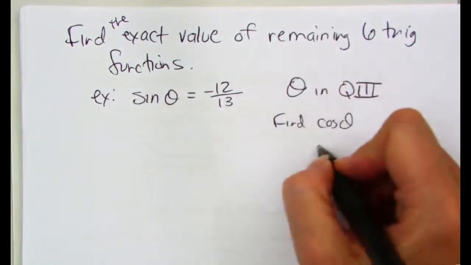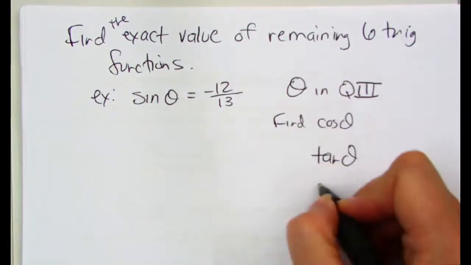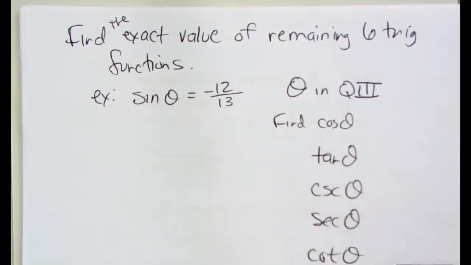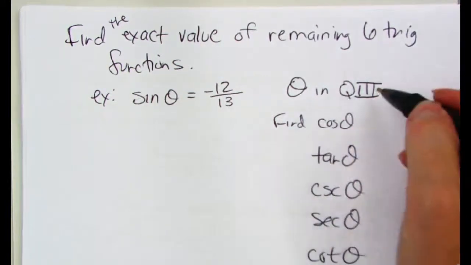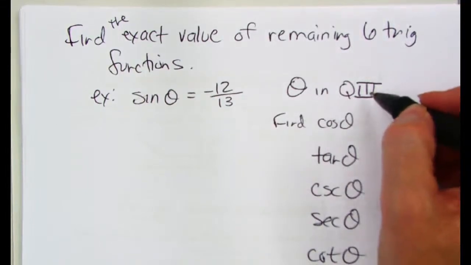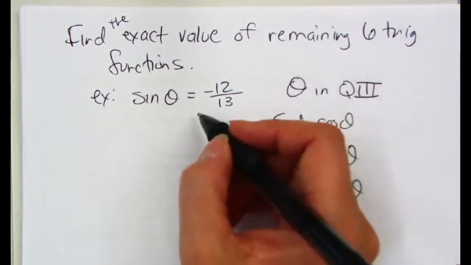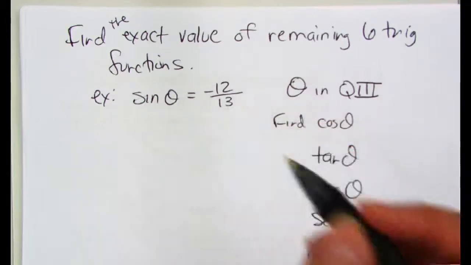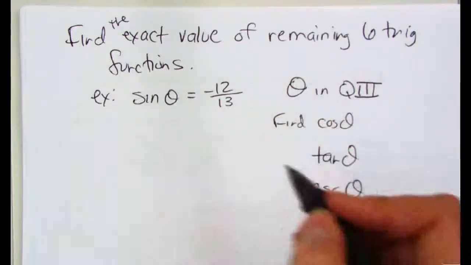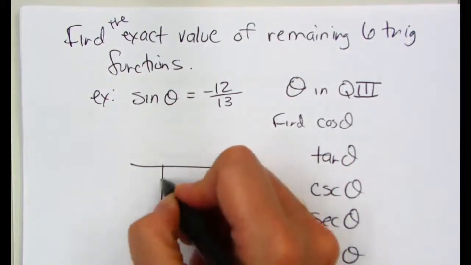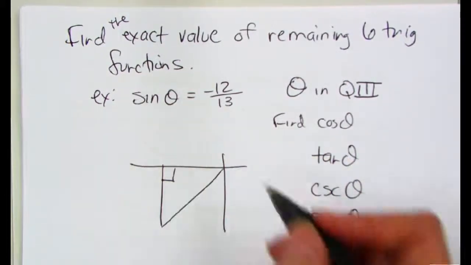Cosine of theta, tangent of theta, cosecant of theta, secant of theta, cotangent of theta. What theta? This theta. Where's it at? Oh, in quadrant 3. I don't make you guess. I give you this. And so then go create this right triangle. If it's in quadrant 3, we'll make a quadrant 3 reference triangle.